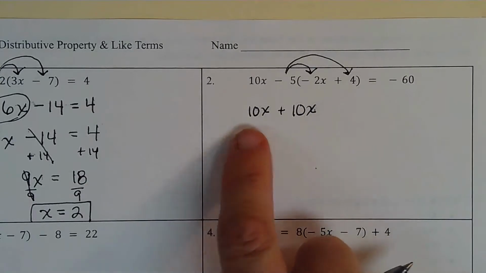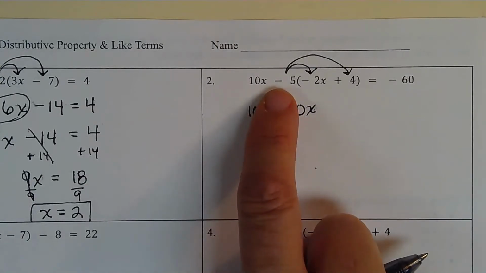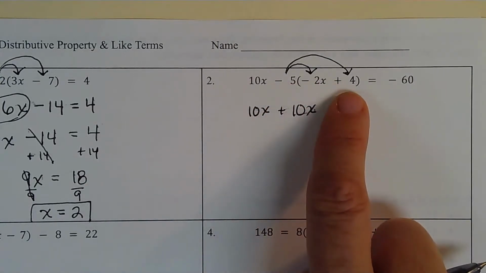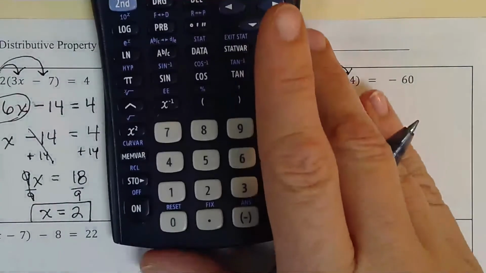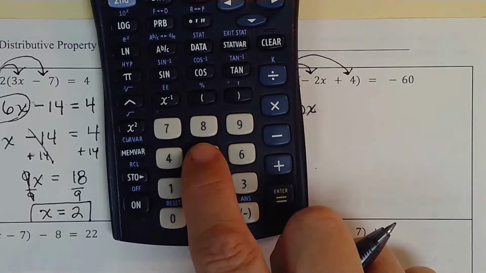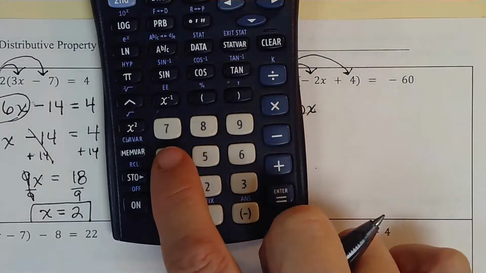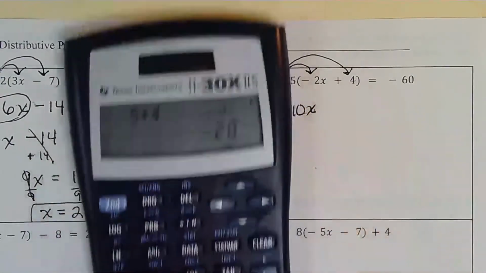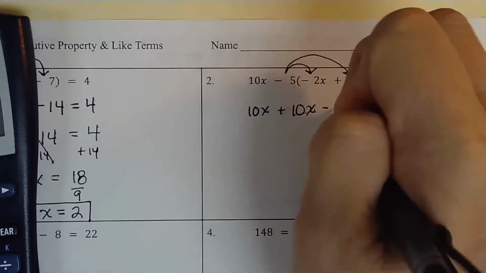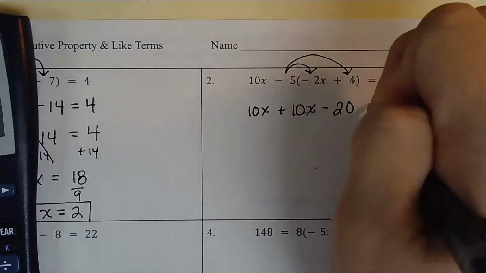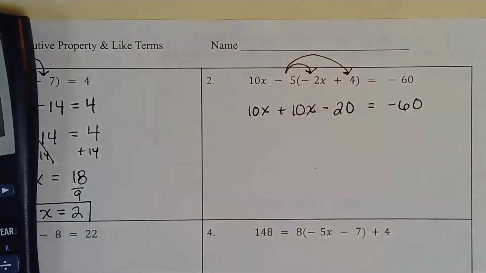All right, next we're going to do -5 times +4. -5 times 4 is a -20. Equals -60.